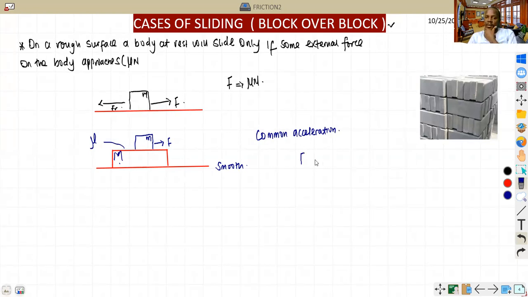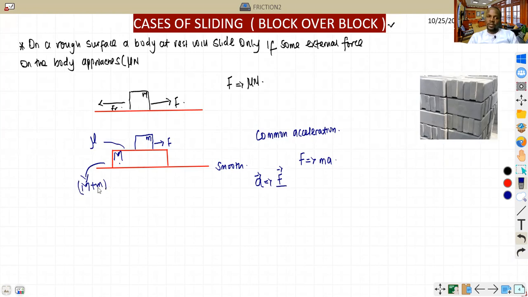Now, because of that, we can recall from Newton's second law of motion that F equals ma. If they have common acceleration, my dear student, the acceleration of the two bodies, which is a vector quantity, will be equal to the force applied to the body over the mass of the two bodies. The mass of these two bodies is capital M plus small m.